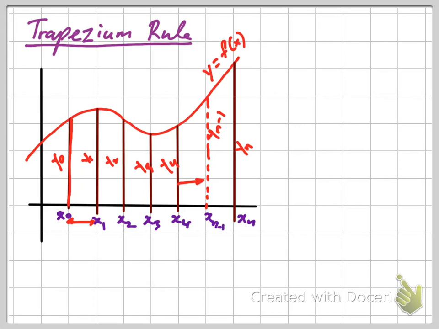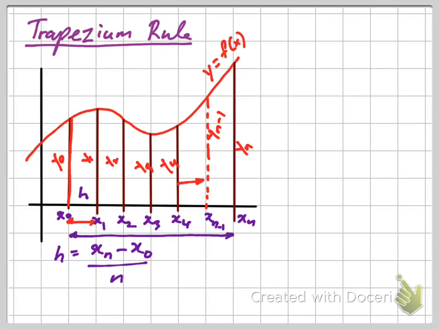The thickness of each strip, we'll label h, and they will be consistent. So h would usually be xn minus x naught over n, pretty much the whole length from there all the way to there, divided by how many times you are slicing it, and that's h.